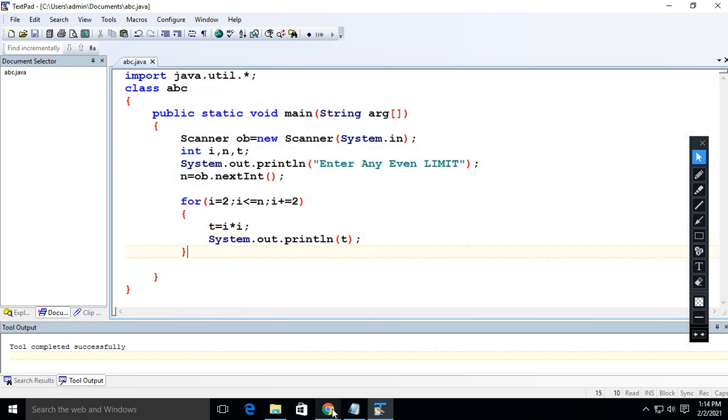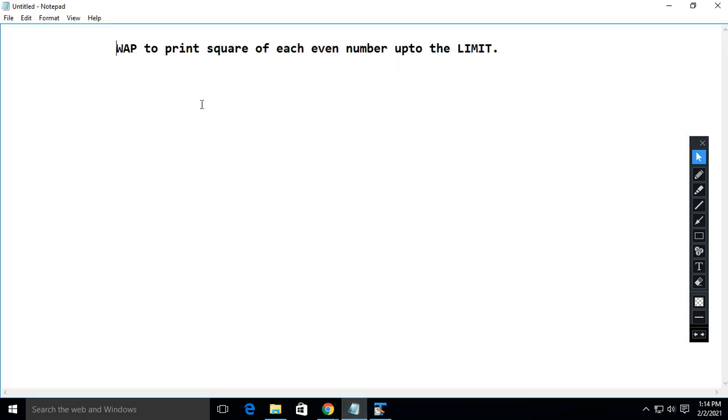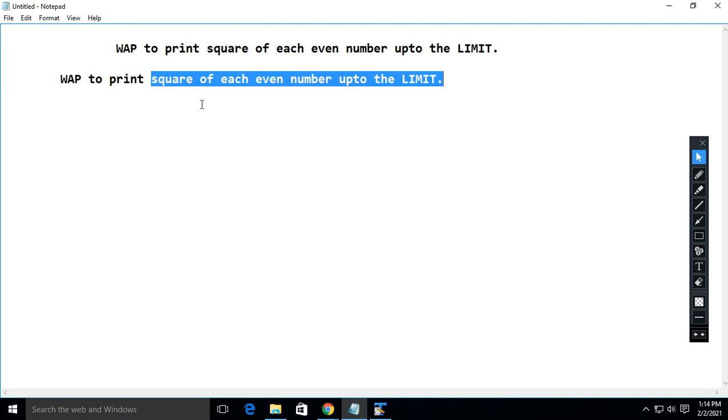Next question, everyone. Write a program to print the cube of each natural number up to the limit.